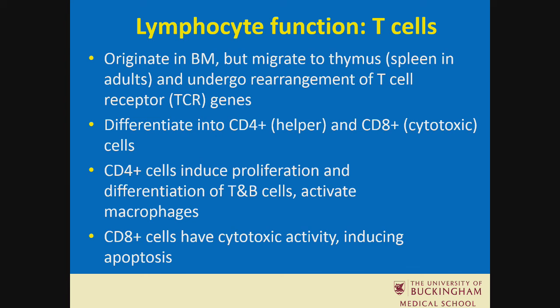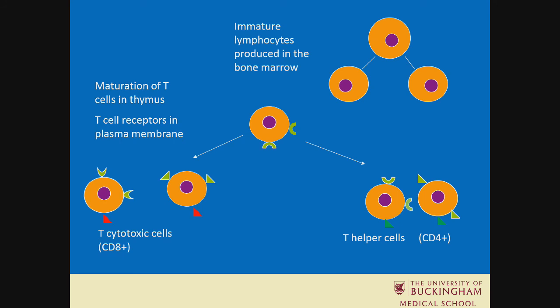So CD8 is expressed in cytotoxic cells, CD4 on helper cells. So CD4 positive cells, in response to an immune challenge, as mentioned earlier on, are involved in memory B cell formation, for example. They'll also activate macrophages, whereas CD8 cells, in the right context, will induce apoptosis.